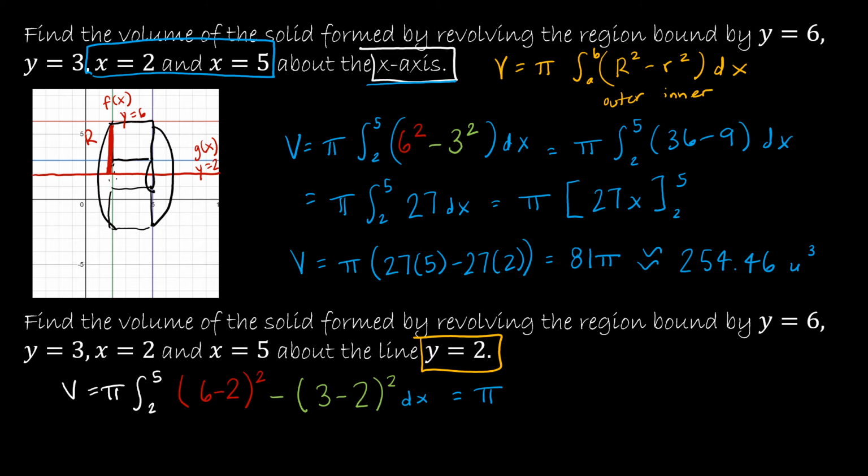So I have pi, and then the integral from 2 to 5 of 6 minus 2, or 4 squared, and then 3 minus 2, which is 1 squared, which gives me pi times the integral from 2 to 5 of 4 squared is 16 minus 1, so I have 15, and I forgot dx right here. So I've got 15 dx.